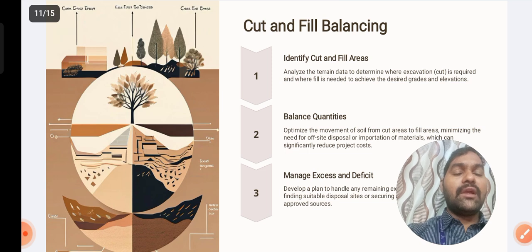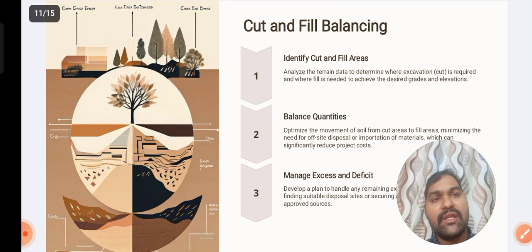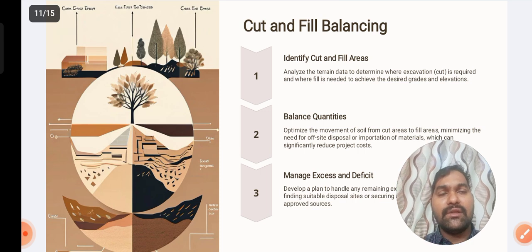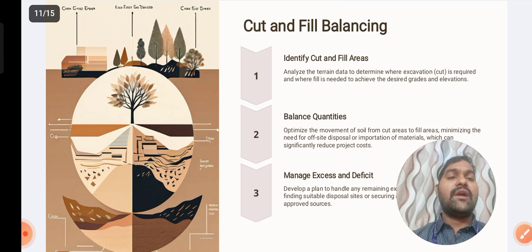We know whether it is cutting or filling theoretically: if the proposed levels are more than the existing level, it comes under fill. But if the existing levels are more than the proposed level, it comes under cutting.